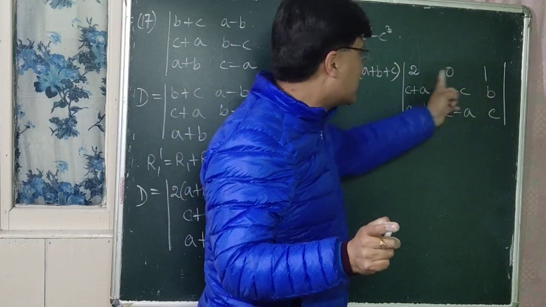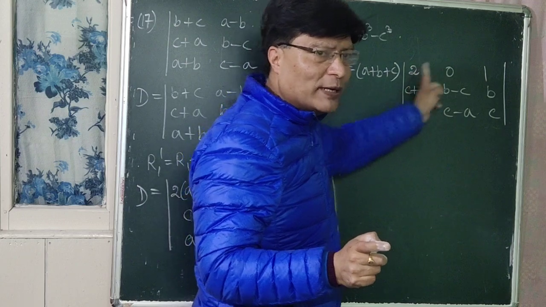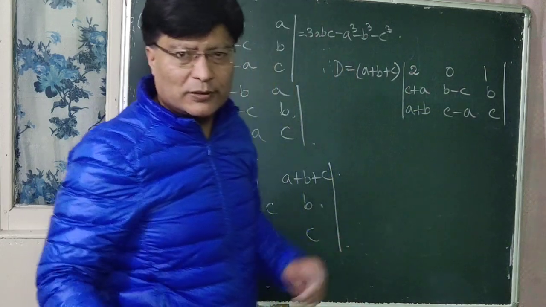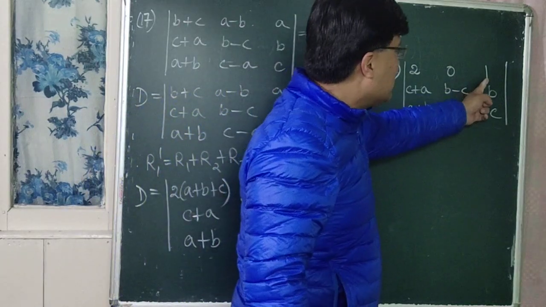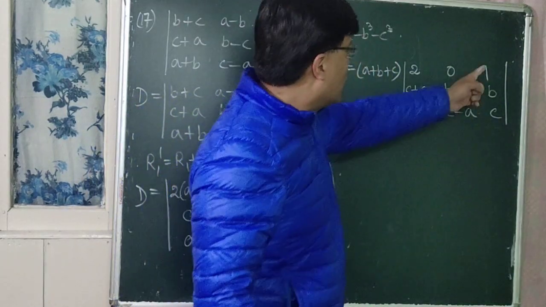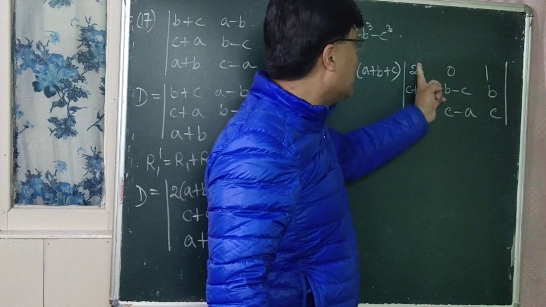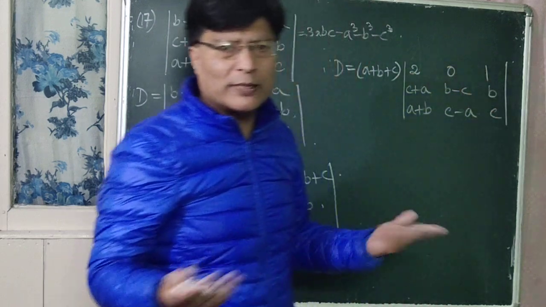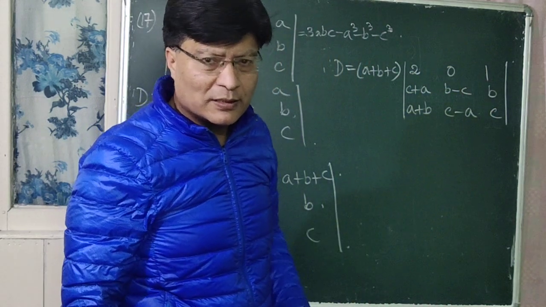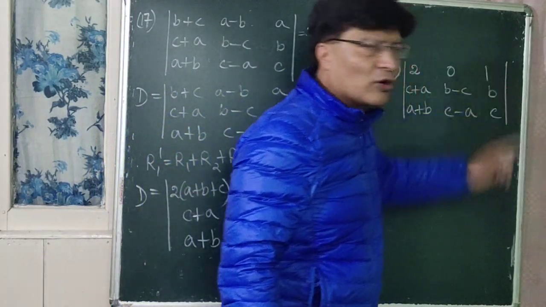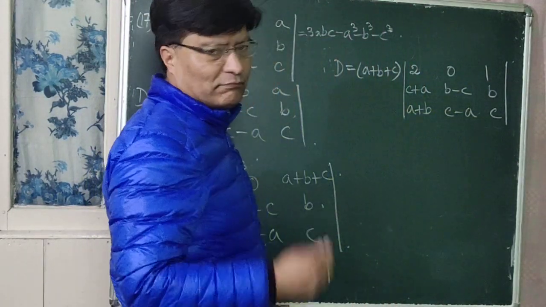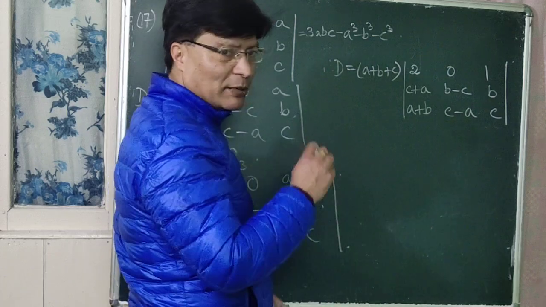And if it is subtracted from the first column, 2 minus 2 is 0. Understood? Look again at the blackboard. If you multiply this 1 by 2 and subtract it from this 2, what happens? 2 minus 2 is 0. Isn't it? So in the third column, first we multiply by what? We multiply by 2.